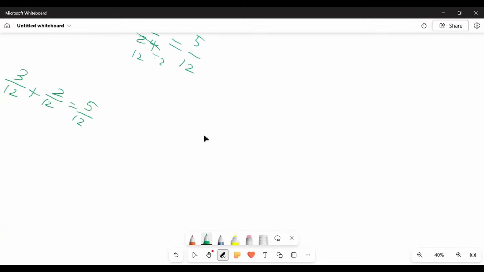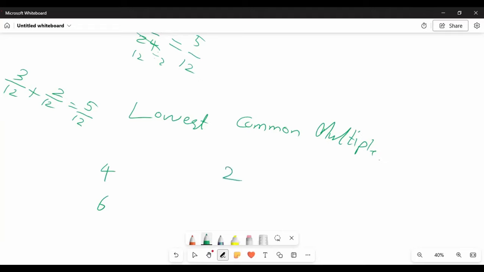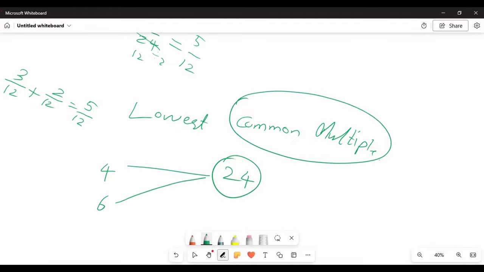The expanded form of LCM is lowest common multiple. Some people say least; both mean the same. The two denominators we have are 4 and 6. 24 is a common multiple of 4 and 6.